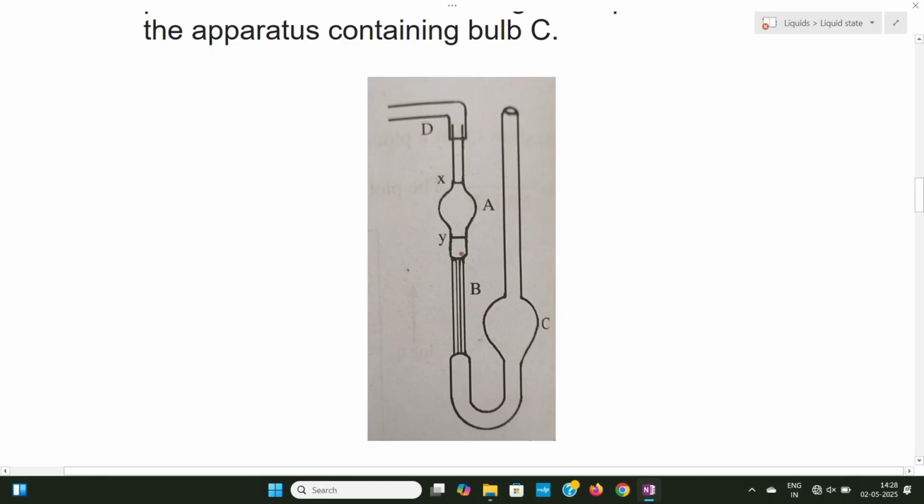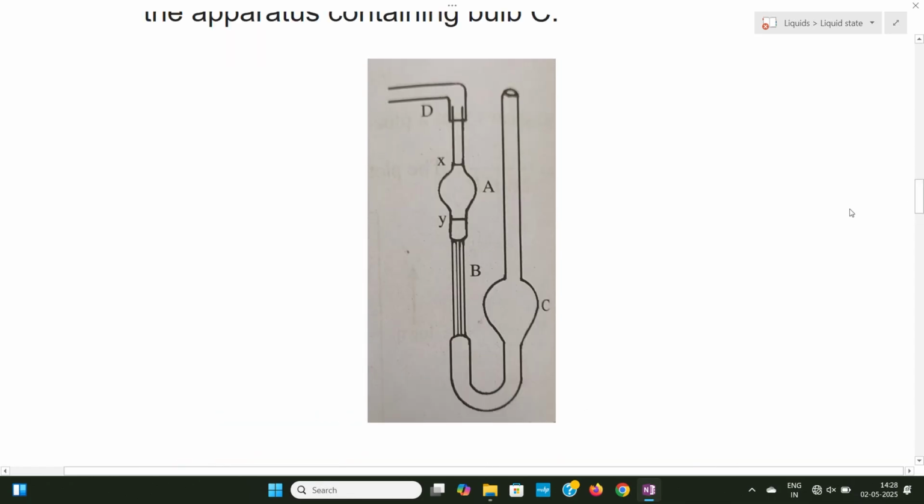At its end we have a capillary tube B, and at the end of this capillary tube we have a wider portion, a big bulb C. In the Oswald viscometer, a fixed volume of liquid is introduced into the tube and we note the time of flow as it falls out.